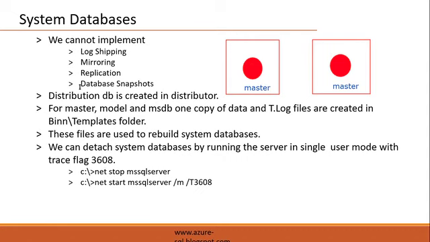Because the purpose of these features is to maintain the same copy of a database on a different server. But the same copy of master we can't maintain. Why? Because this instance has its own master.